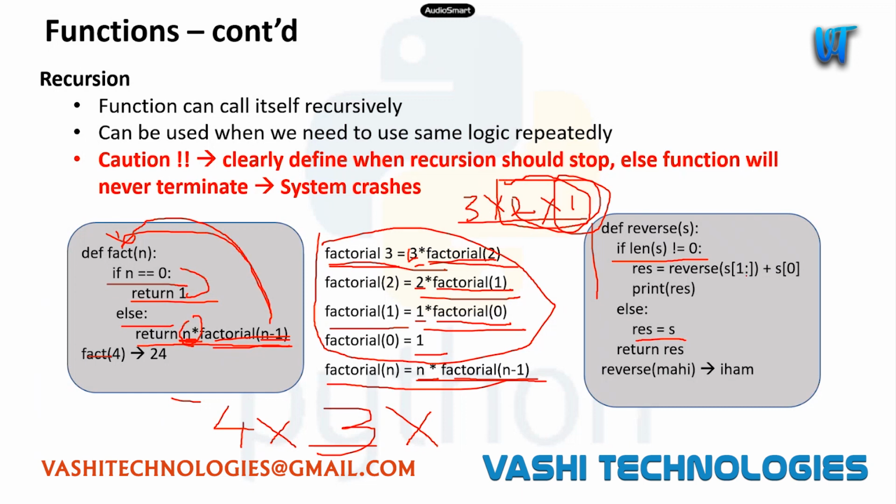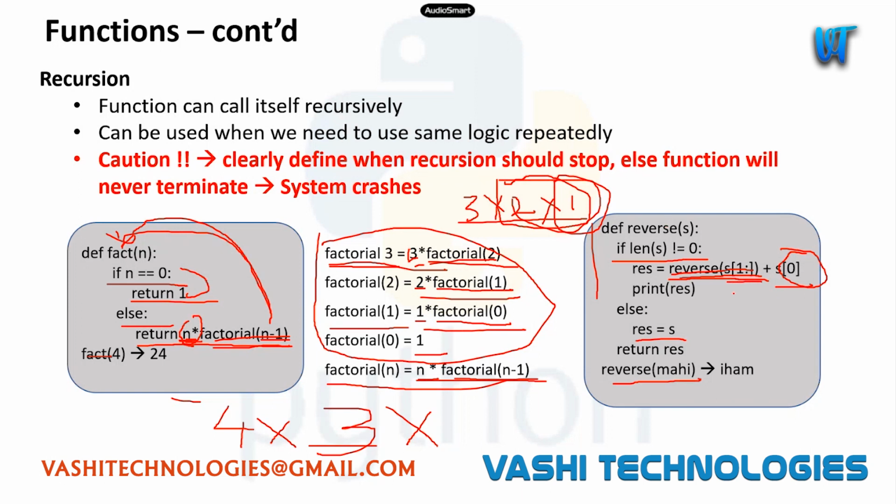And if length is not zero, you can see here, it is doing reverse of s from 1 onwards. It is taking the very first value of s and returning this function.